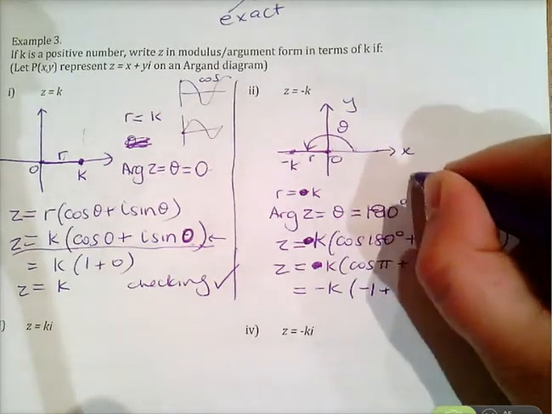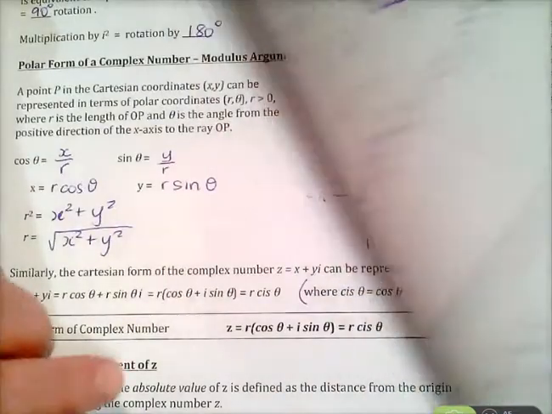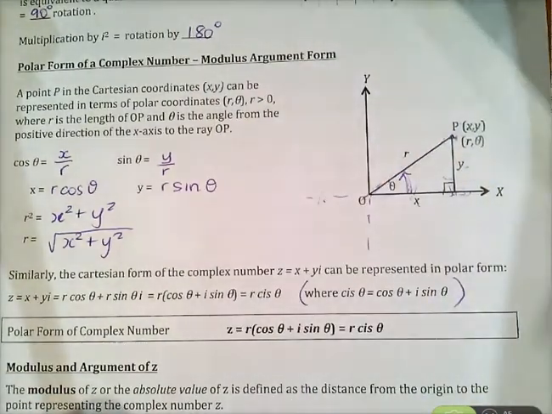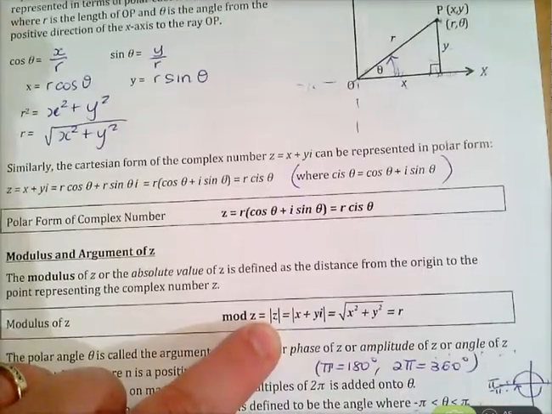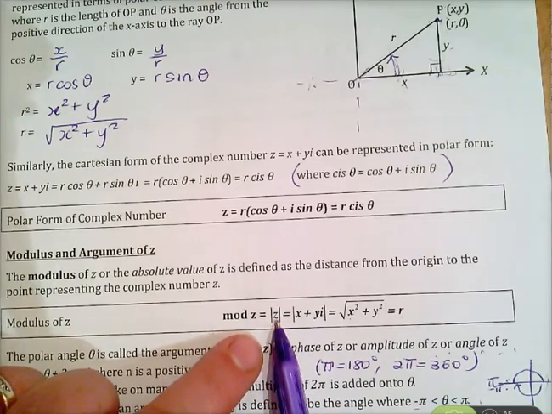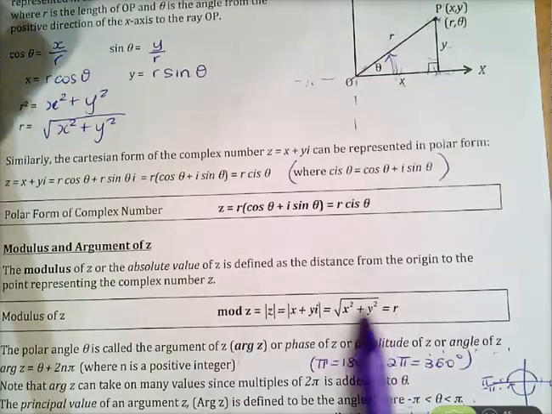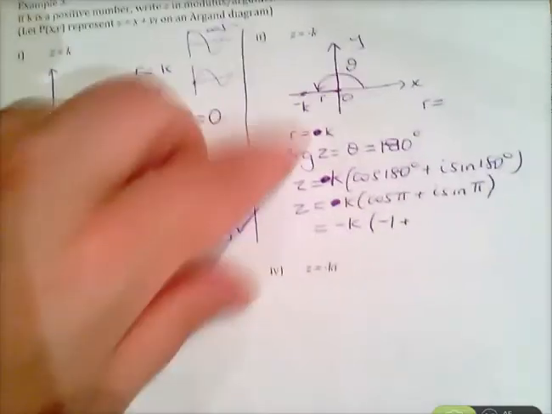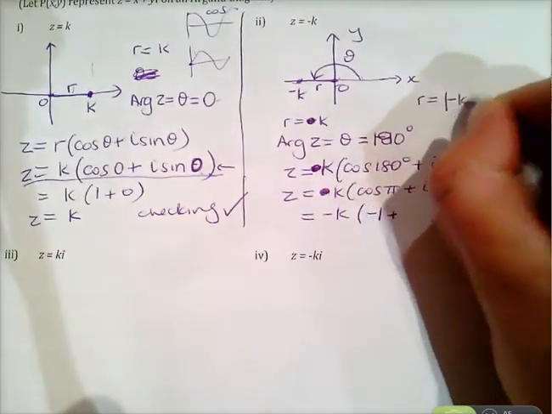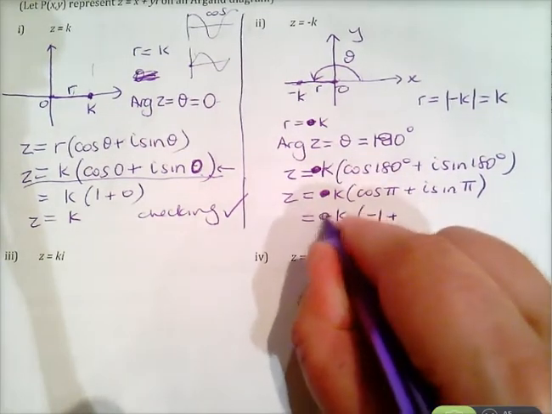Modulus of Z is always positive because it's the absolute value of x plus yi. R is the square root of x squared plus y squared. So this R has to always be positive. So R is the absolute value of -k, which is k.